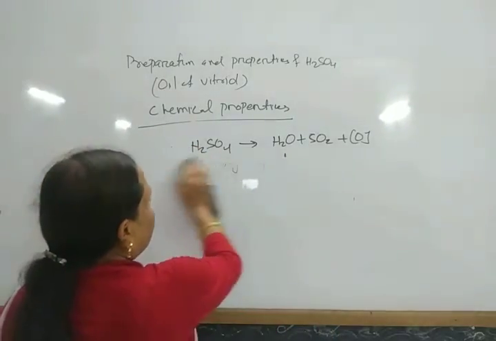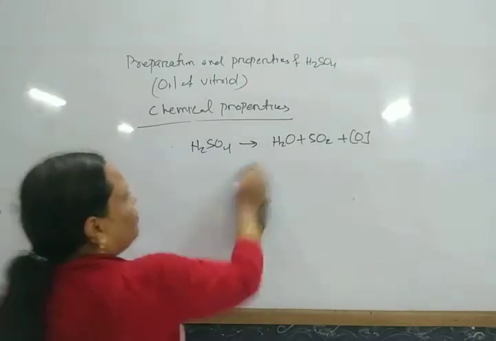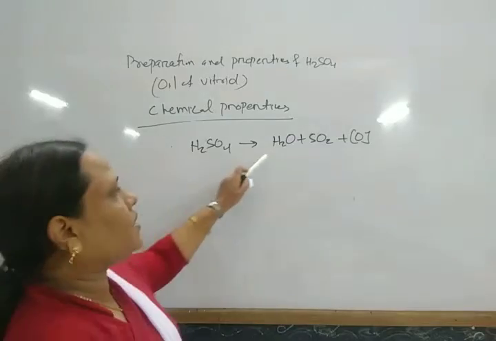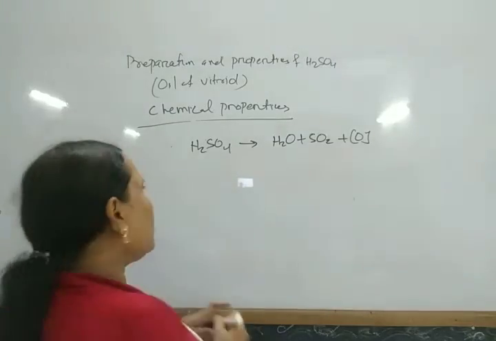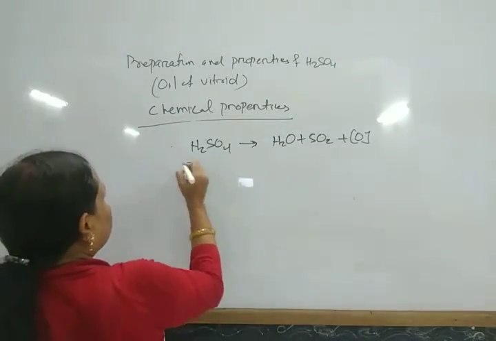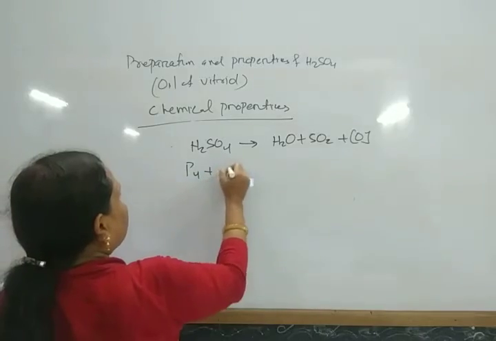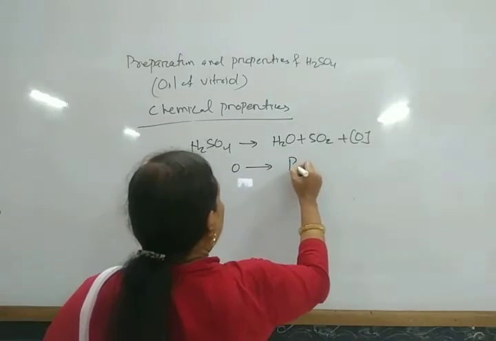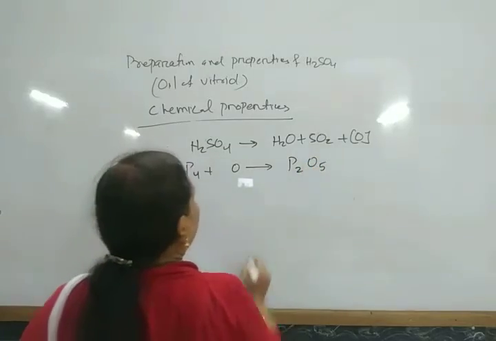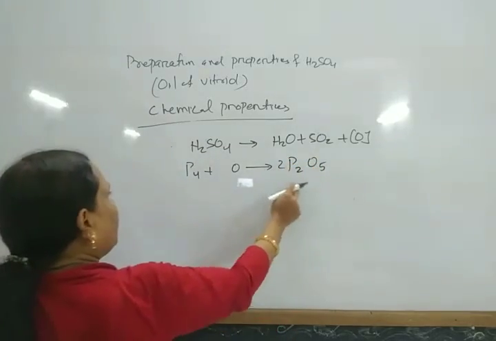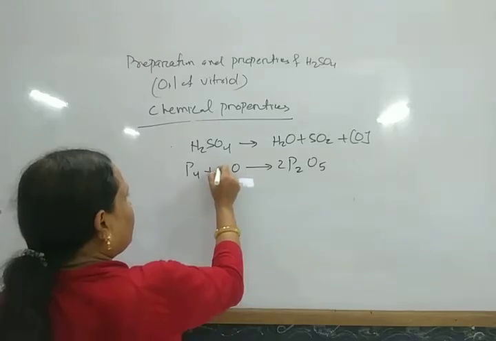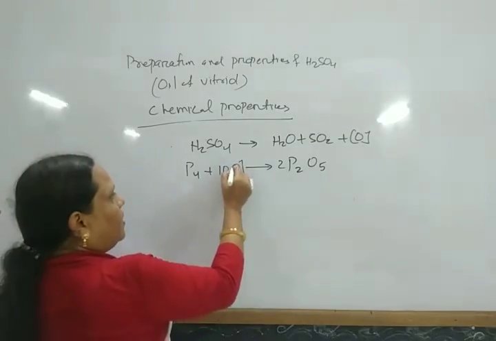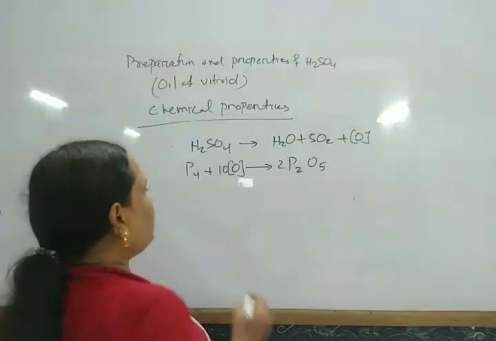Look at some equations. H2SO4 gives H2O plus SO2 plus O. When it reacts with phosphorus, phosphorus plus oxygen gives P2O5. As it gives P2O5, here I have to use 10 O, that will give P2O5.